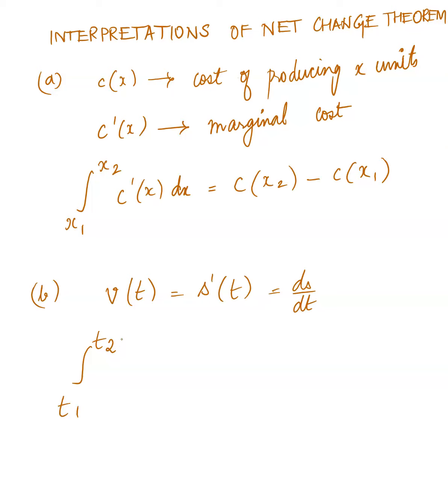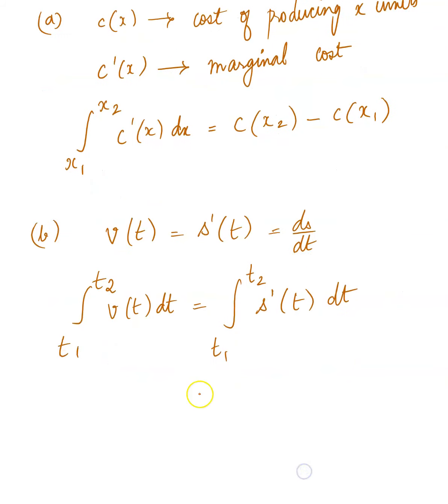So if we took the integral from t1 to t2 of the velocity dt, the v could be replaced by s prime of t dt, and that is coming from your net change theorem.